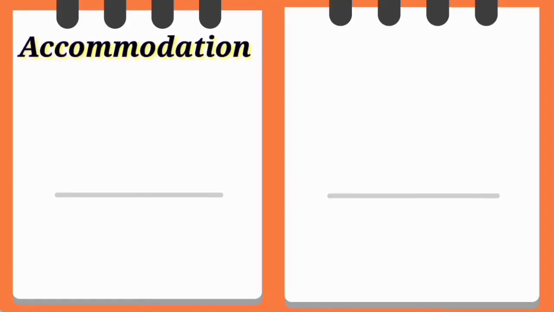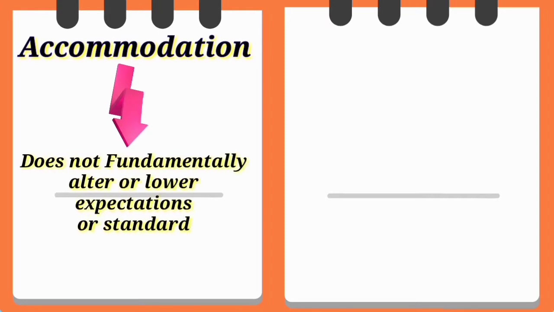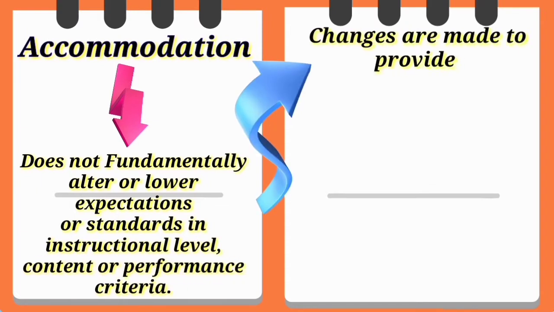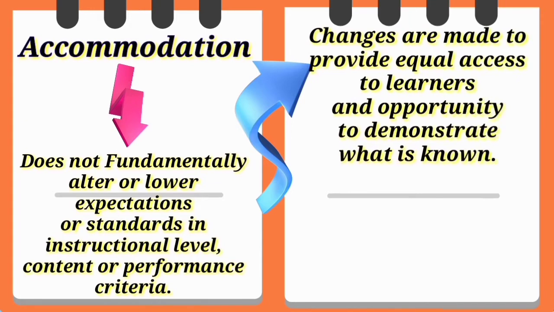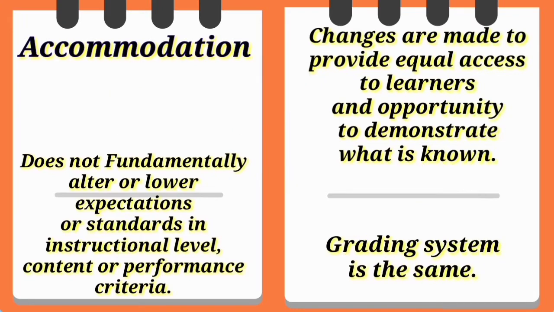So to sum up, accommodation does not fundamentally alter or lower expectations or standards in instructional level, content, and performance criteria. Changes are made in order to provide equal access to learners and equal opportunity to demonstrate what is known. Regardless of the IEP, the grading system here is still the same.